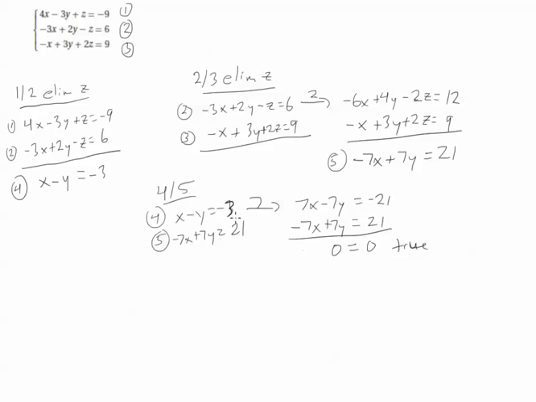And when I tried to find a solution, I got an always true statement. This tells me, since I have all 3 equations in the system here, that I have a consistent dependent system with infinite solutions. There are an infinite number of solutions to this.